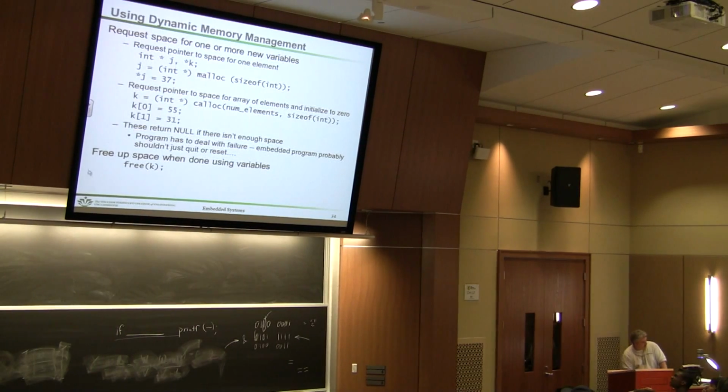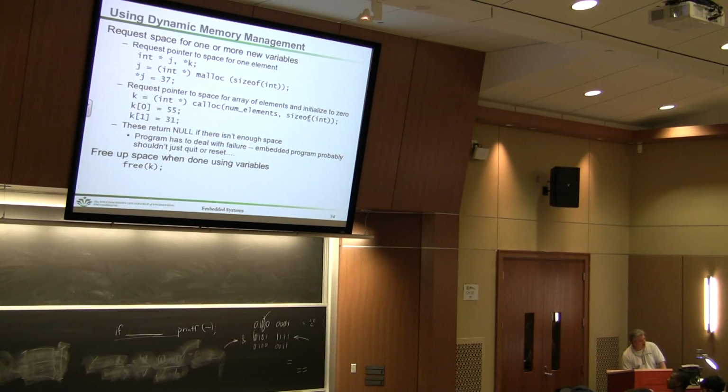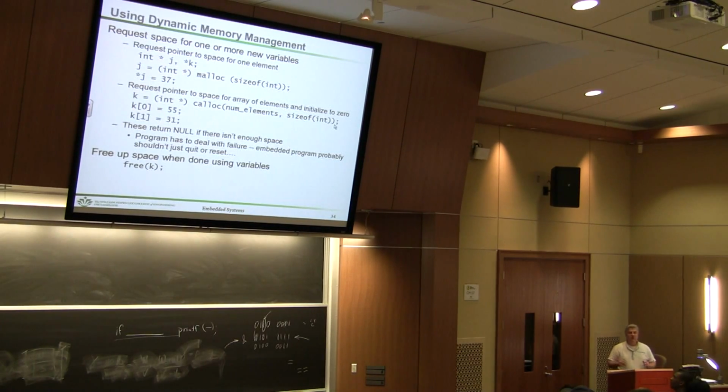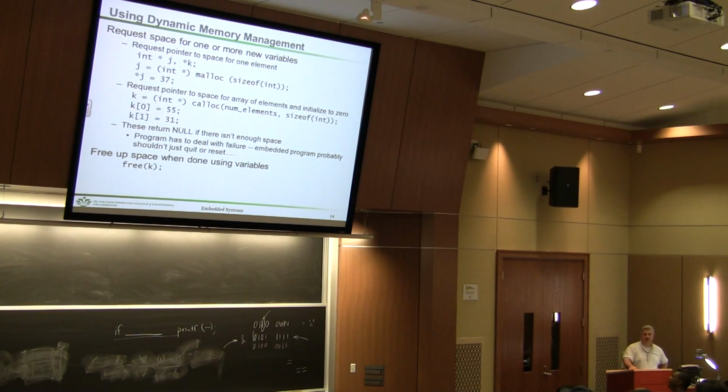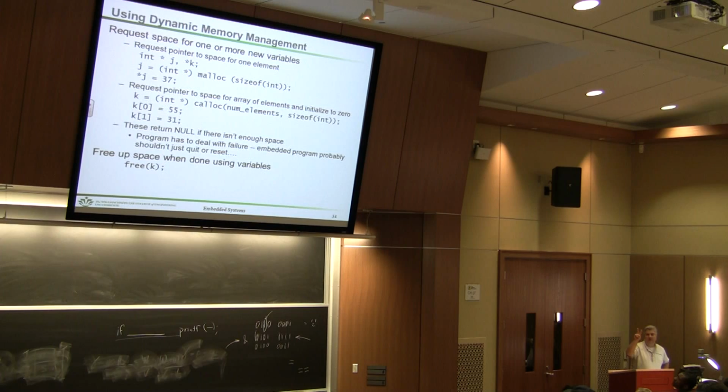So in the case of calloc, let's say you have a certain number of elements, 200, size of integer. So the function called size of integer will return in our system what size? 2 or 4? 2 bytes. All right, 2 bytes, so it'll come back with 2.